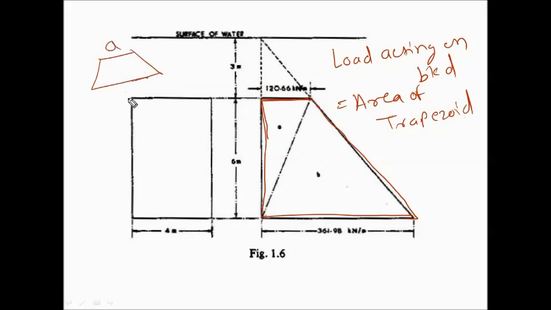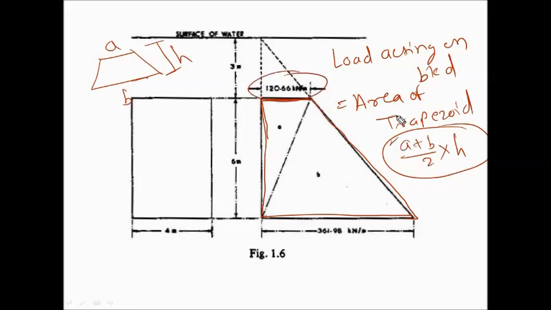Suppose this is A, this is B, and the depth of the trapezoid is H. Then the formula will be (A plus B) by 2 into H. You know A is 120.66, B is 361.98, and H is 6 meter. So you can substitute here and easily find the area of the trapezoid, and that will be the load acting on the bulkhead.